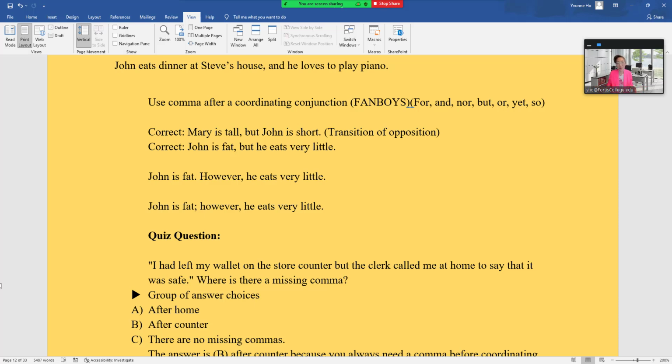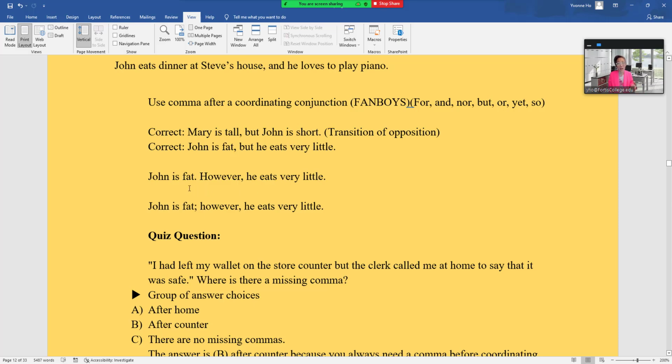So instead of saying John is fat but he eats very little, you can say John is fat, however, he eats very little. And notice the different kinds of punctuation. You can have John is fat, period, however, comma, he eats very little.